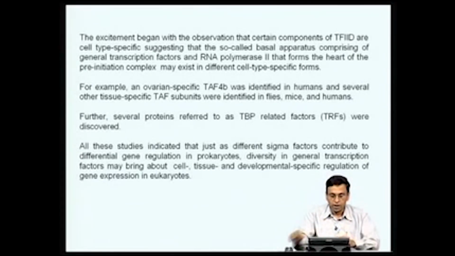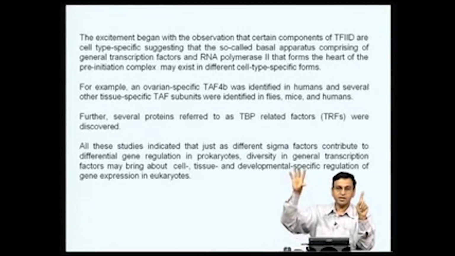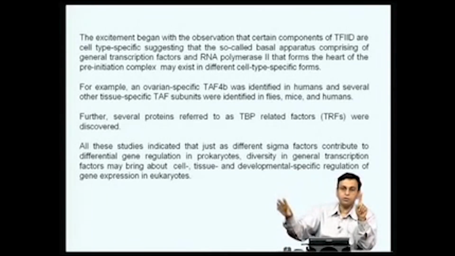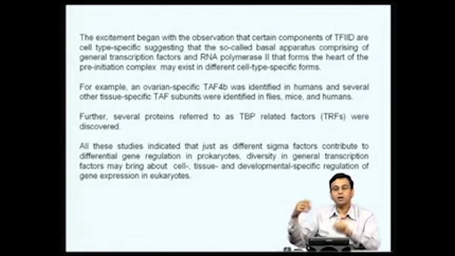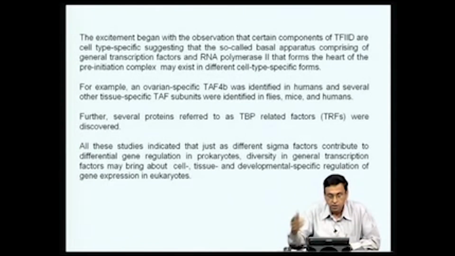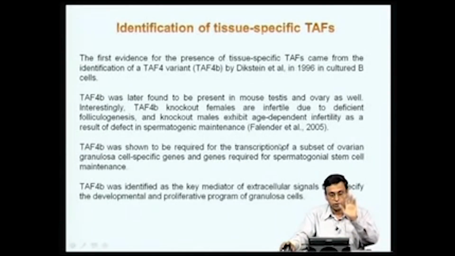In the same way, differential gene regulation in eukaryotes can be brought about by diversity in general transcription factors which are expressed in a cell, tissue and developmental specific manner. So, this is the first point I wanted you to remember in this class. Just as diversity in sigma factors contributes to differential gene regulation in prokaryotes, diversity in general transcription factors such as TBP and TAFs can contribute to differential gene regulation in eukaryotic cells. That is the first point you have to remember.